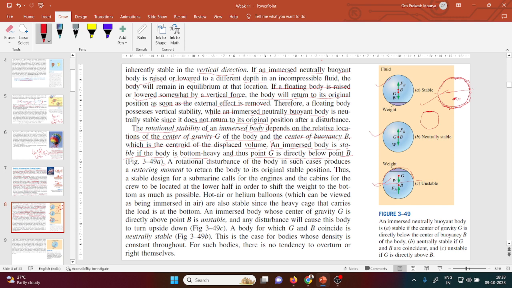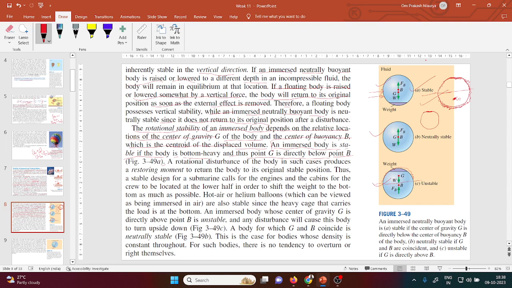When your body goes inside the fluid, what will happen? Your center of buoyancy will be above the center of gravity, and this condition is the stable condition, because if some force like a wave of water hits from here, what will happen?